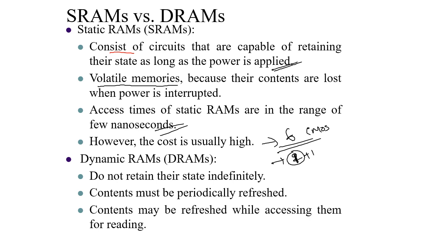But the major drawback of dynamic RAM is that it does not retain its state indefinitely. As we know, the charge stored in the capacitor degrades after a certain time. So you need to periodically refresh the charge stored in the capacitor so that the data is retained for longer time.